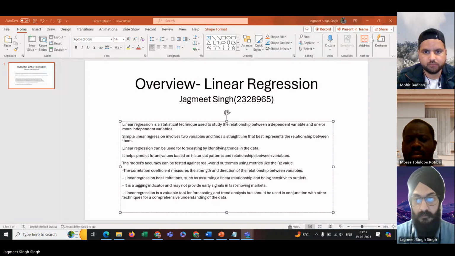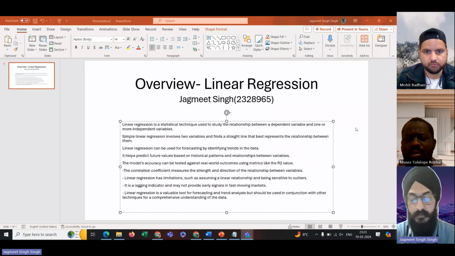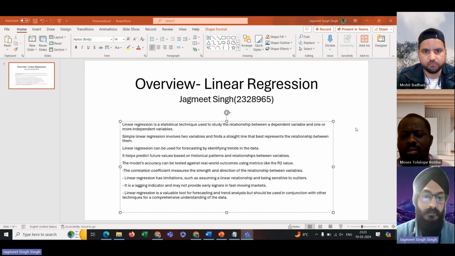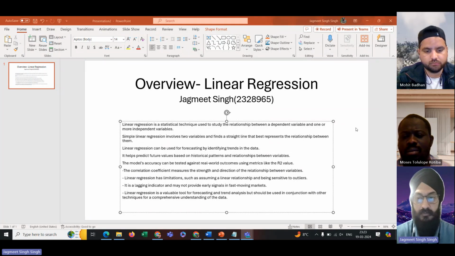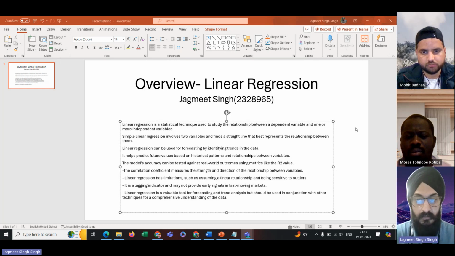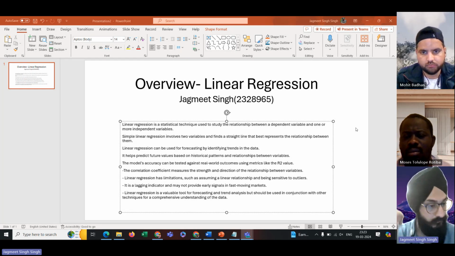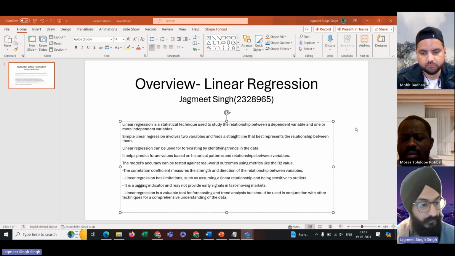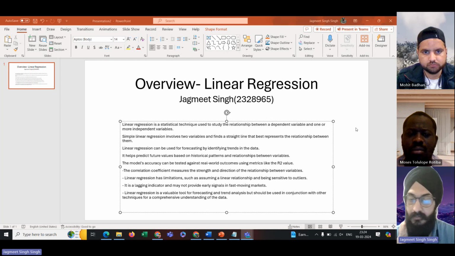Hi, Professor, this is Jagmeet Singh. Linear regression is a statistical technique to study the relationship between, as Moses told us, dependent and independent variables. In simple language, it relates more than two things, right?